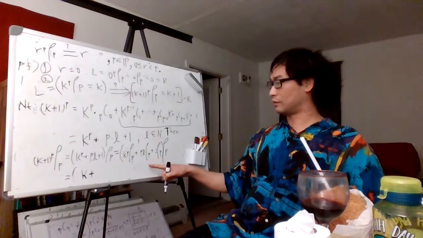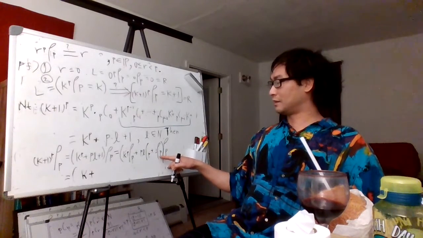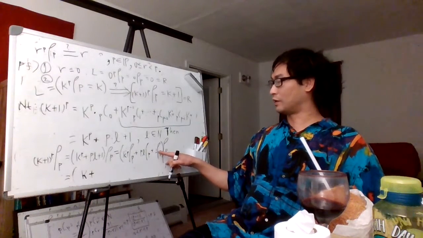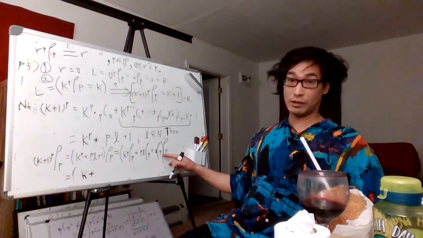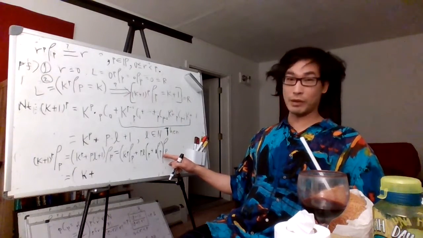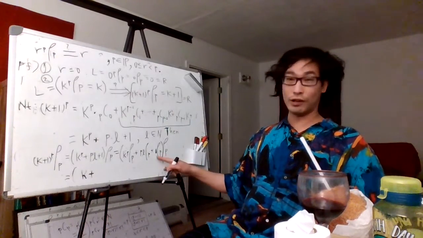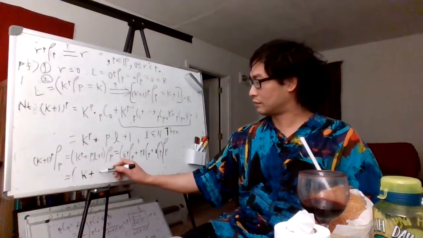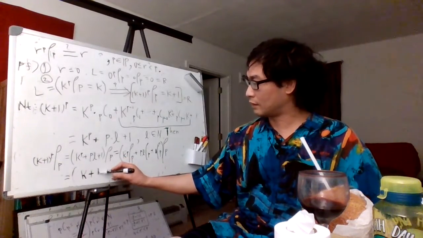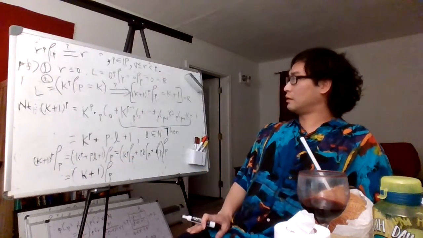And 1 rho p, by definition that's 1, because 1 is the remainder and p is a prime number, being 2, 3, 5, that's more than 1. So that becomes 1. What's left is rho p.